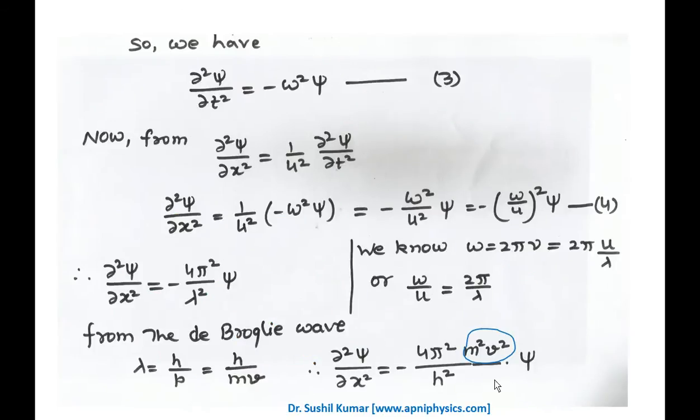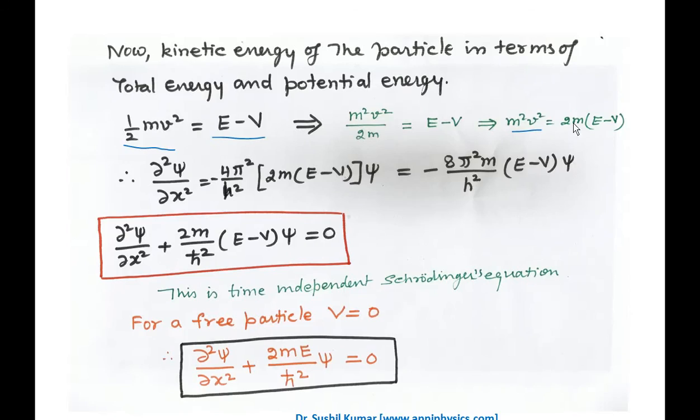Now I am putting this value into the earlier equation, so d2 psi upon dx square is equal to minus 4 pi square upon h square into the value of m square v square, that is now 2m E minus V. So I have put this value here, and the psi, after simplification it becomes minus 8 pi square m upon h square, which further can be written as, because we know that h cross is equal to h upon 2 pi, where h is the Planck constant.